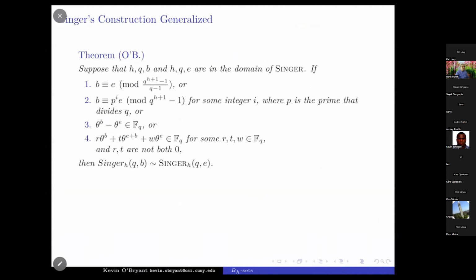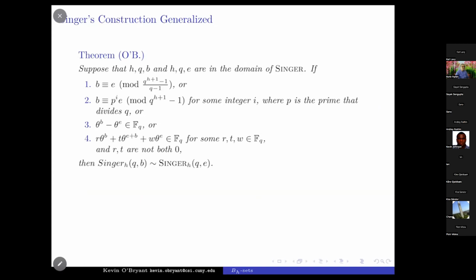And H, Q, E also, right? So these are giving Singer sets. They give affinely equivalent Singer sets if, well, okay, so you can read what's going on here, right? If B is congruent to E modulo this, or if B is congruent to P times E modulo, oh, it's a different modulus. Or if theta to the B minus theta to the E is in the base field, and so on.